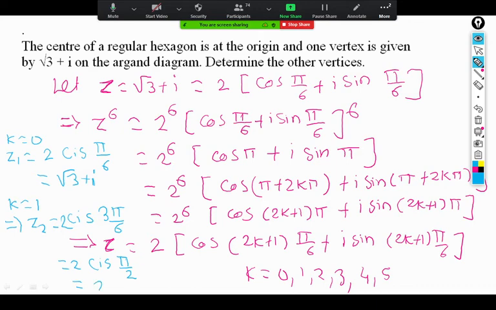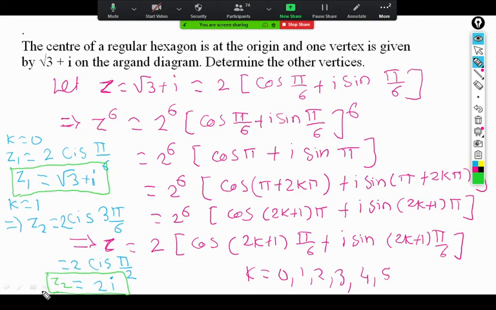So it is 2, and sine pi by 2 is 1. So 2i only. So the first vertex we got here is root 3 plus i. The second vertex z2 we got as 2i only. Now move further, replace k by 2, 3, 4 and 5, and you will get all 6 vertices of this regular hexagon.